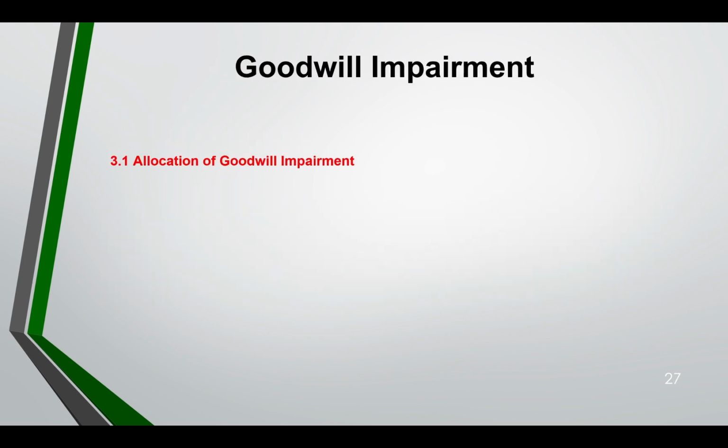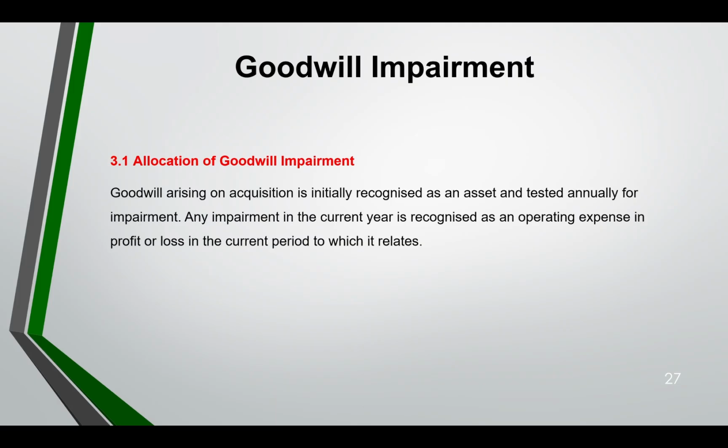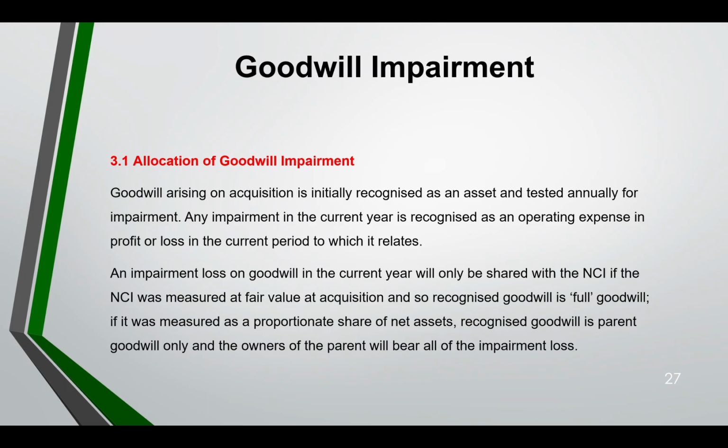Now, third is goodwill impairment. How do you allocate? This is often tested in SBR as well as FR. Very important. So goodwill, we all know it is an asset. We test it annually for impairment, and impairment is an operating expense that goes in profit and loss. But that impairment loss, you have to allocate among the NCI and the parent.